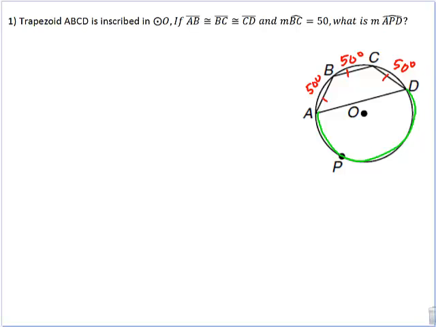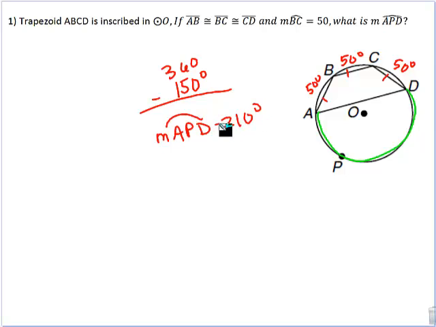Well, we'll add the 50s together, definitely. So A to D here, that arc is 150. So what would be the remaining? Not from 180, from 360. Yeah, then we just subtract from 360. So the measure of arc APD is 210 degrees.